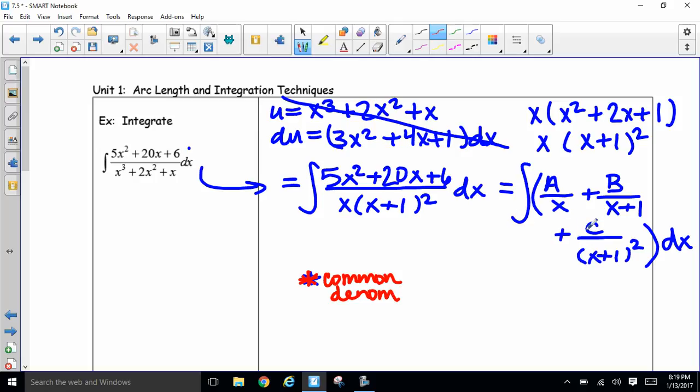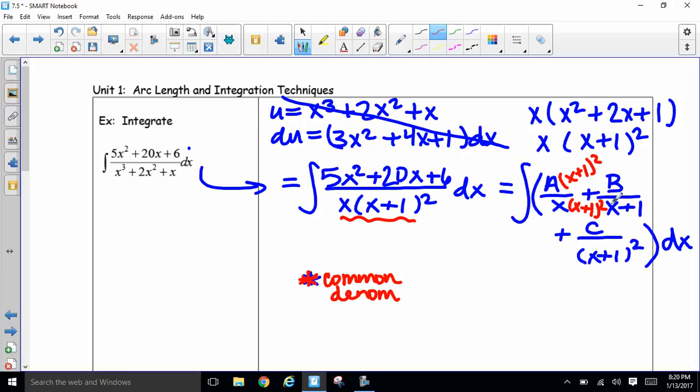And you might say, well, that's a waste of time because it started that way. Well, yes, it did, but I want to figure out, what do I do with this A, what do I do with this B, and what do I do with this C? So the common denominator is x times (x plus 1) quantity squared. The first part is missing the (x plus 1) quantity squared, and I changed the top and bottom.